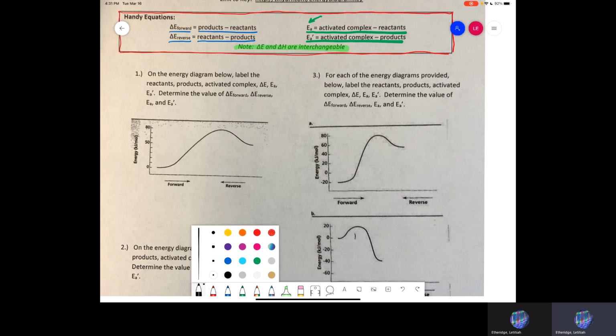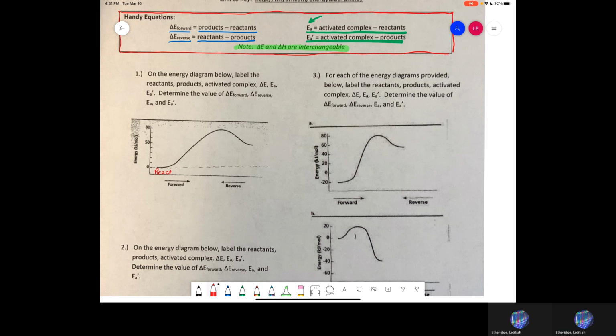If you remember, you're going to put all your reactants at 0. So right across here, I'm going to draw a dotted line to let you know where 0 is going to be. Down here is where my reactants are. Hopefully that makes sense.